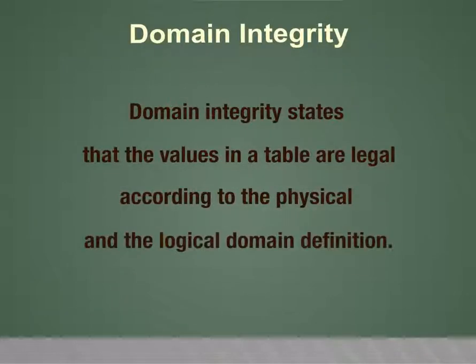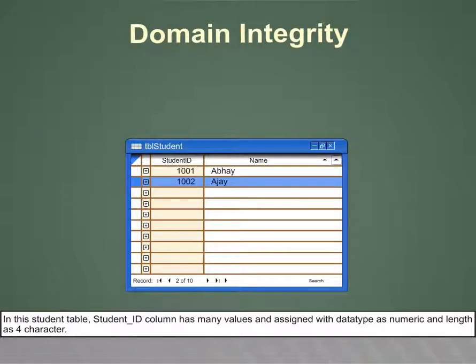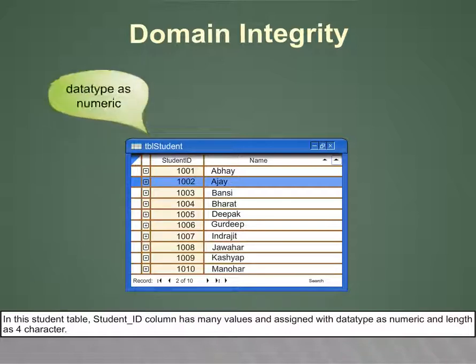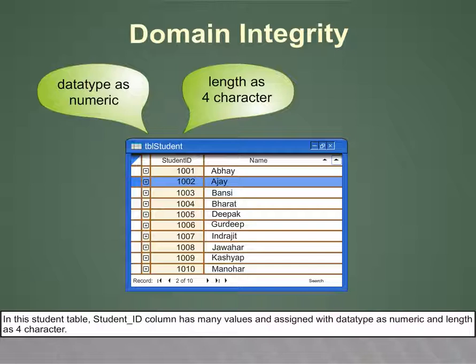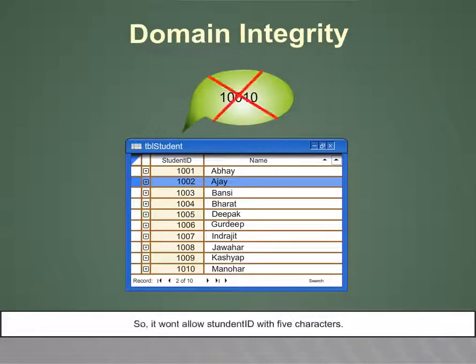Domain integrity states that the values in a table are legal according to the physical and logical domain definition. In this student table, the student ID column has many values and is assigned with data type as numeric and length as 4 characters. So, it would not allow a student ID with 5 characters.